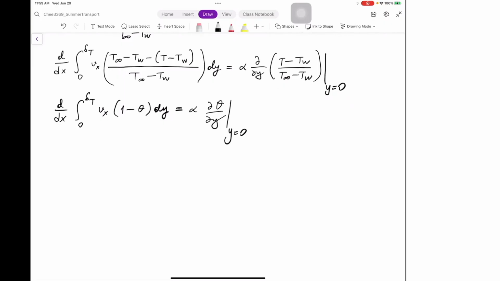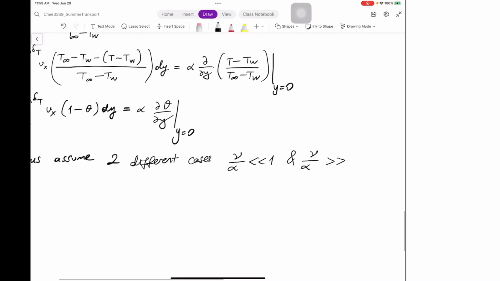Now let's assume 2 different cases at this moment. One is nu over alpha much less than 1, and the other is nu over alpha much greater than 1.